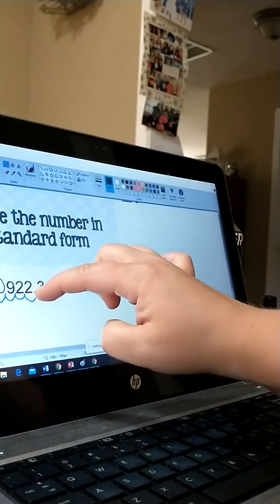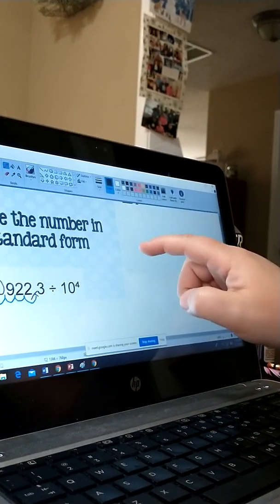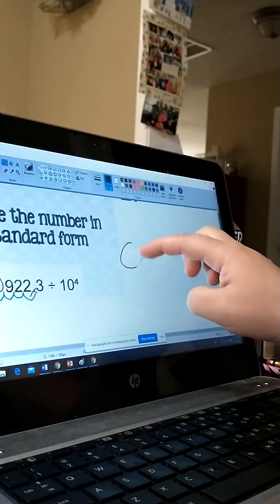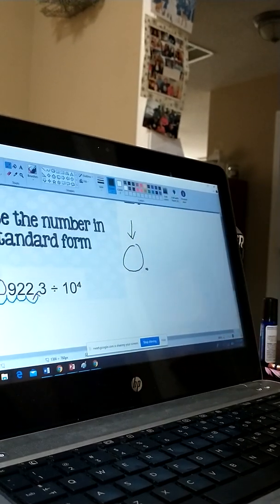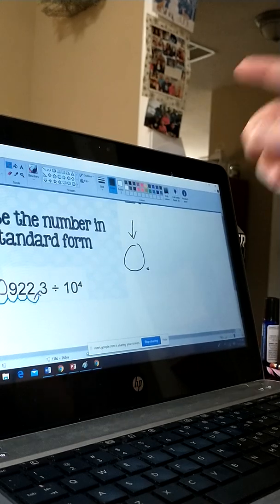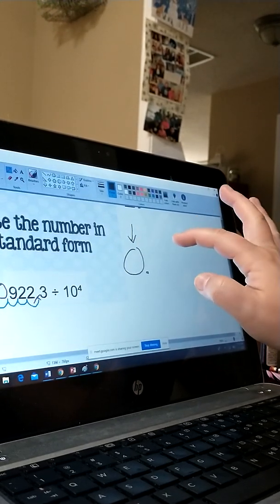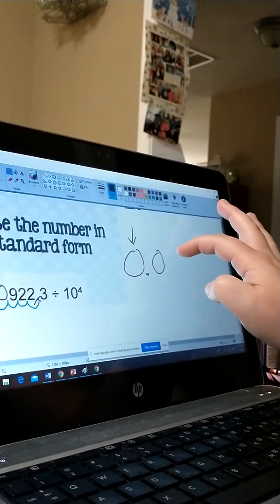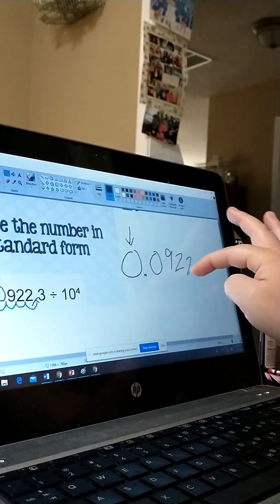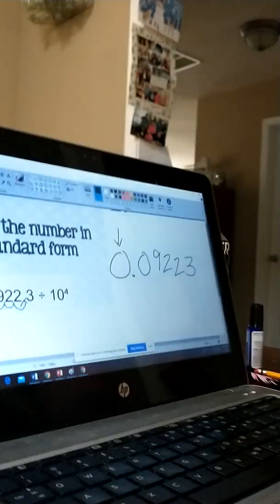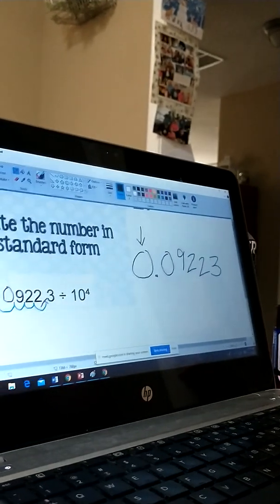I do not need that one anymore. And so my answer is actually going to be 0 point, which if you didn't write that, like Brady, you actually got this right, but you didn't put the 0 right there, that's fine. 0.09223. Okay, yeah, good job, Brady.